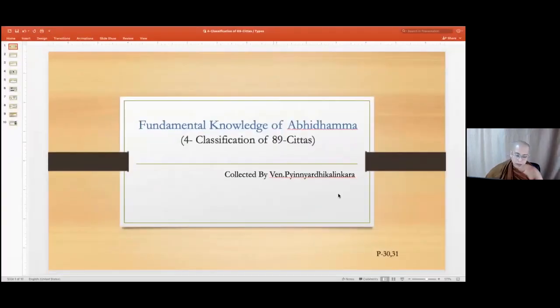Among the ultimate realities, the first type is consciousness, which is called citta in Pali. So we are going to start our study of ultimate reality from the first ultimate reality, consciousness.